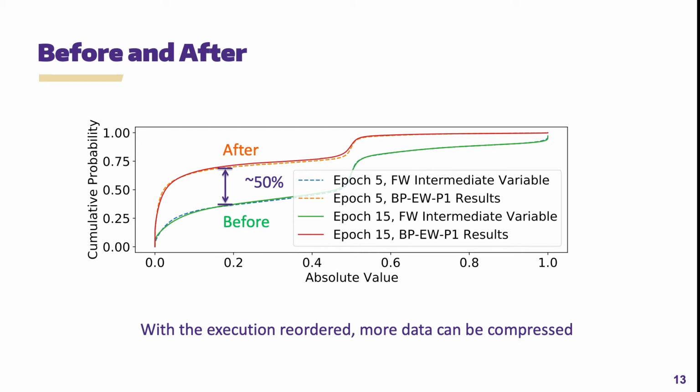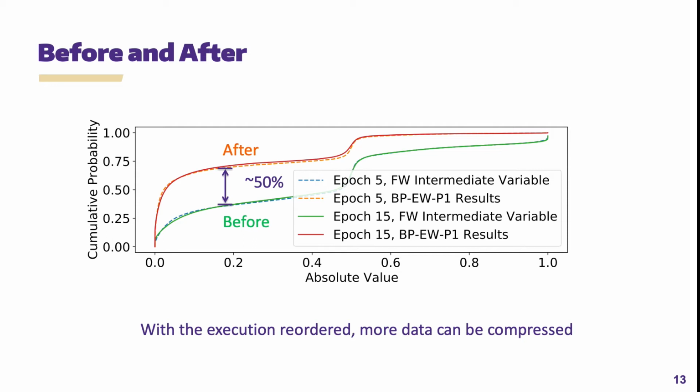This figure shows the sparsity difference between the forward computation results, which are the original intermediate variables, and the results from those partial backpropagation computations. The upper two lines are the value distributions for the output of that partial backpropagation computation, and the lower two lines represent the data distributions of the vanilla intermediate variables between the forward and backpropagation procedure.